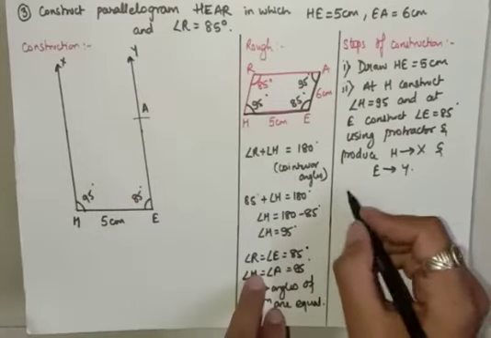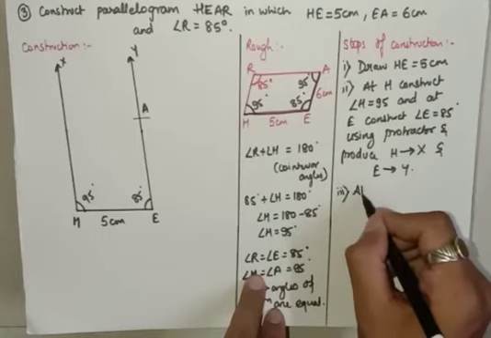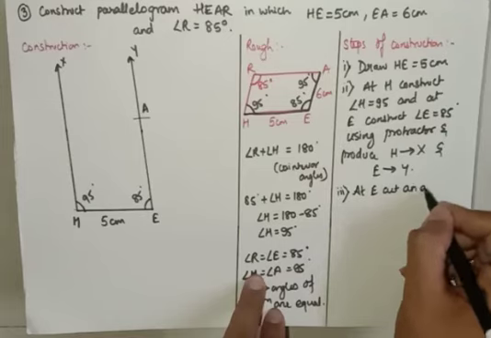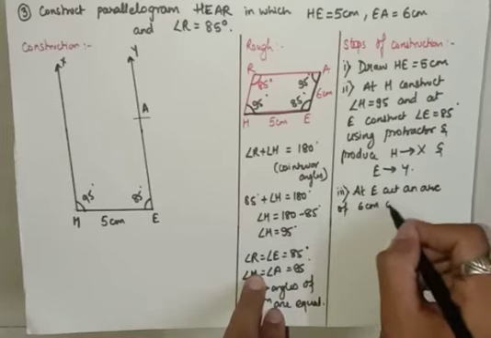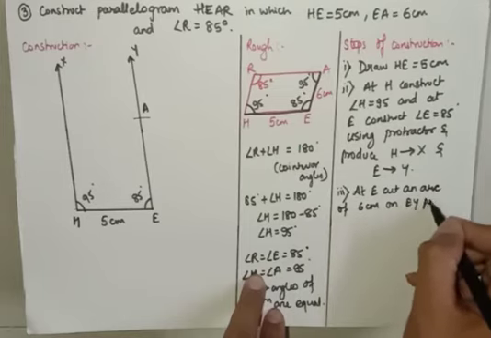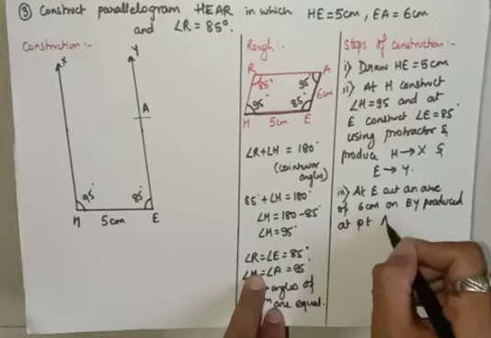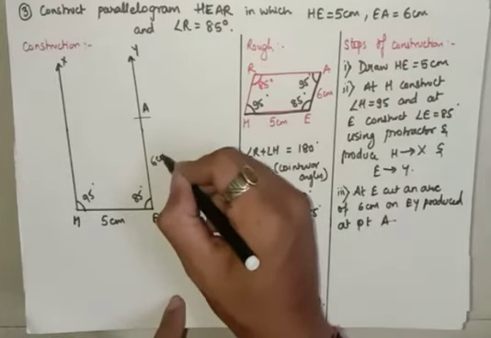I am writing the same thing, third one: at E cut an arc of 6 centimeter on EY produced at point A. So this is of 6 centimeter.